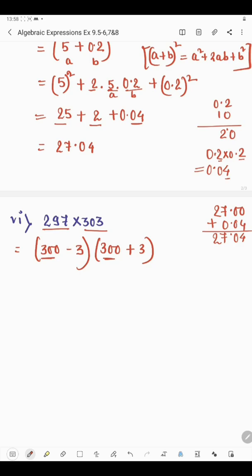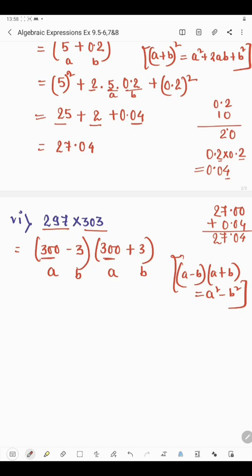So that if this is same, then we can use the identity a minus b and a plus b, because a minus b into a plus b is a square minus b square.